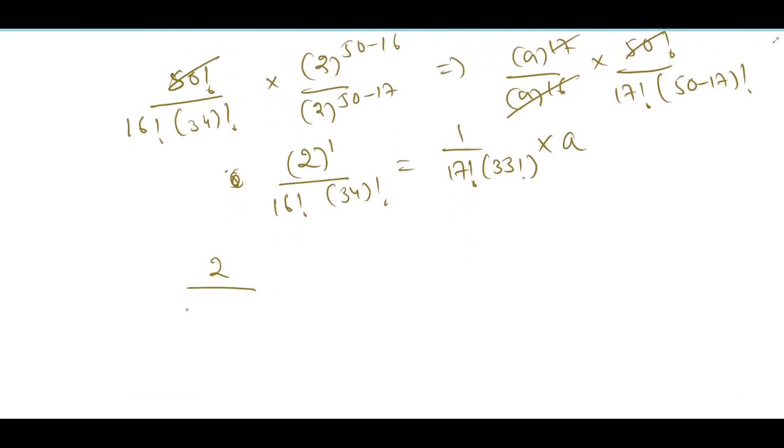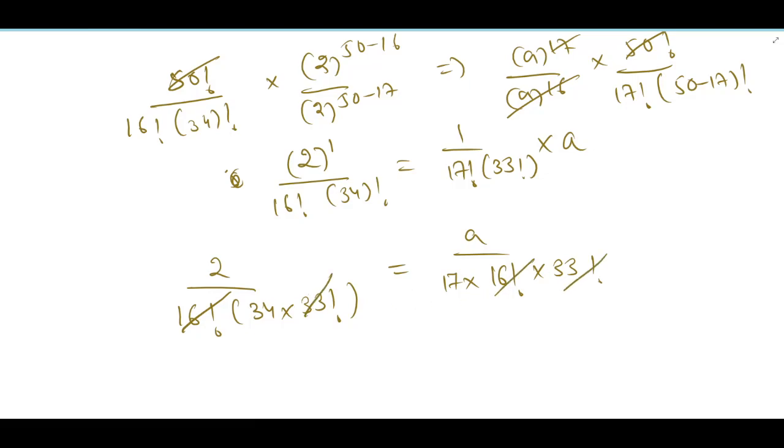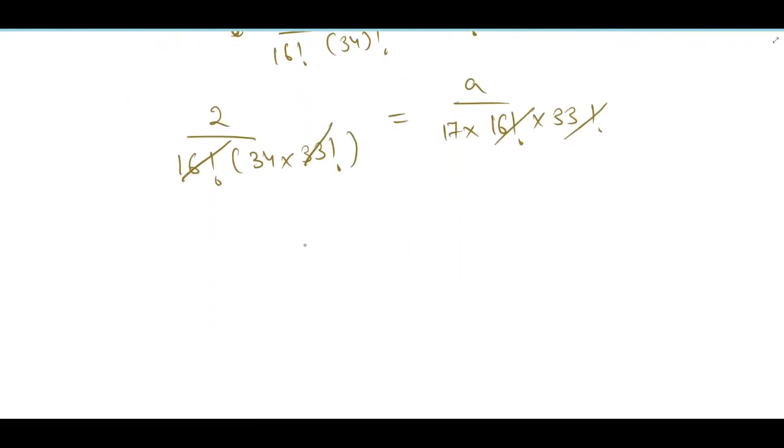So we can also write 2 divided by 16 factorial and 34 into 33 factorial is equal to a by 17 cross 16 factorial into 33 factorial. So from here 16 factorial cancels out and 33 factorial cancels out, and we get 2 into 17 divided by 34 is equal to a. 17 times 2 is 34 and 2 times 17 is 34, so we get a is equal to 1.